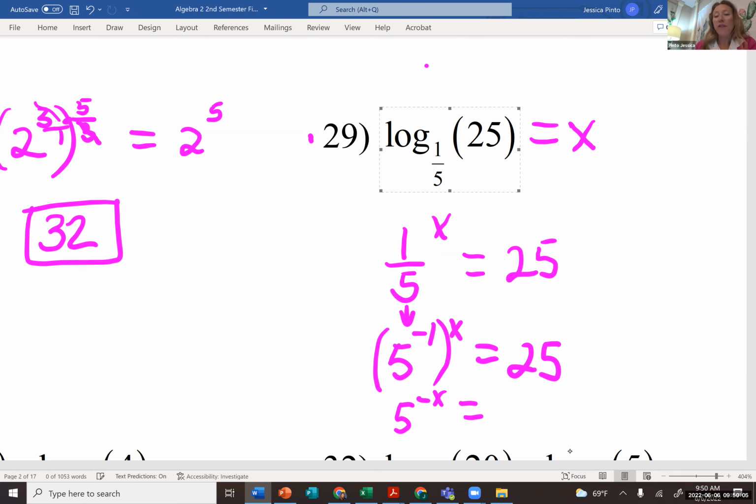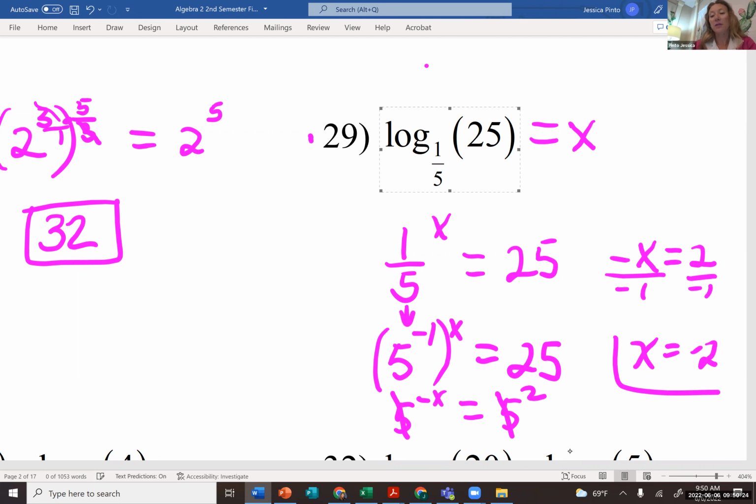Well, I'm going to write 25 as 5 to the 2nd power. Now we have a common base, so I can say, oh, the bases don't matter. I've got -x is equal to 2. So dividing by -1, I get x is equal to -2.